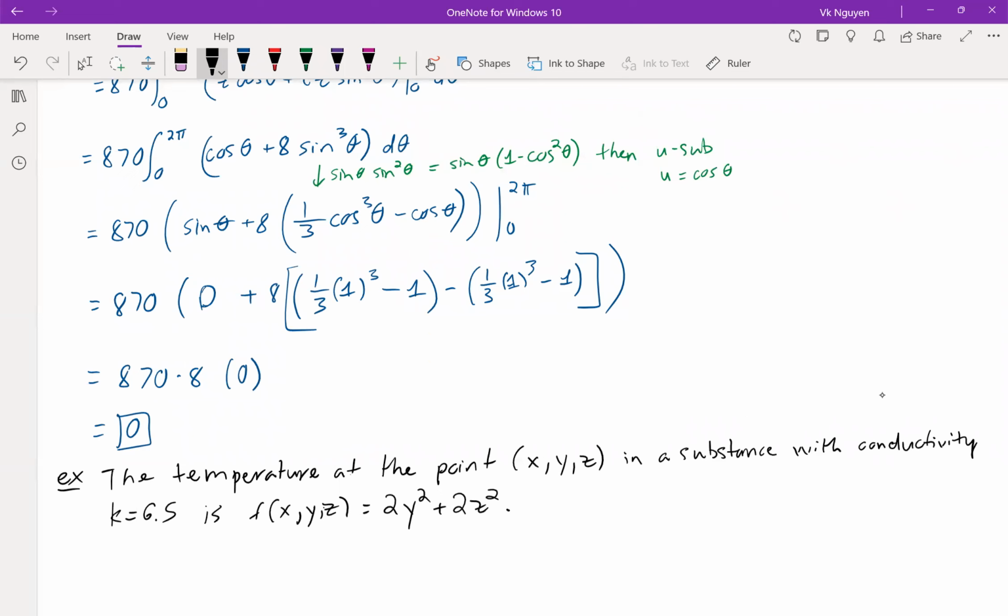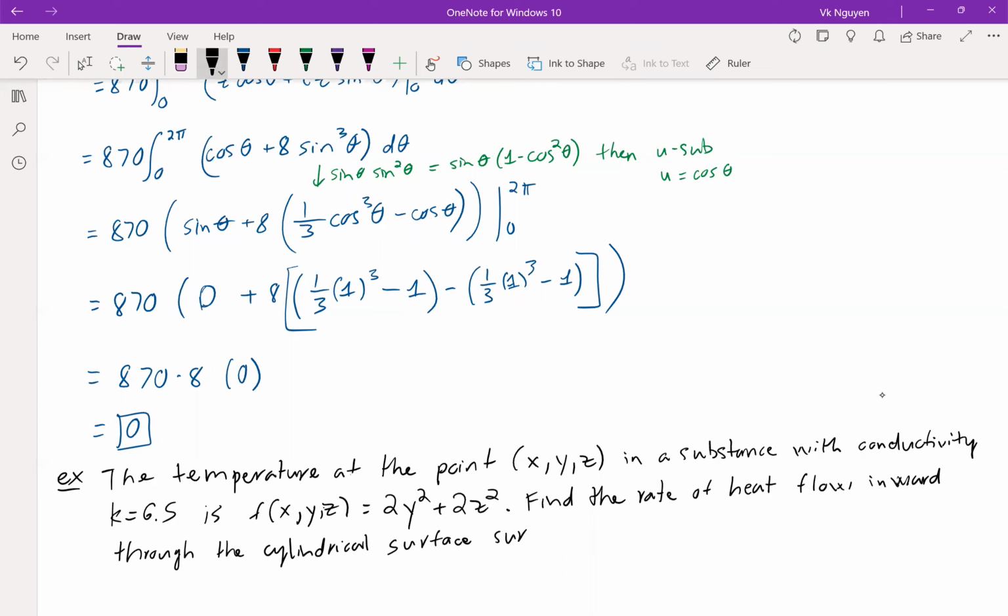Find the rate of heat flow inward through the cylindrical surface y square plus z square equals 6 for 0 less than or equal x less than or equal 4.